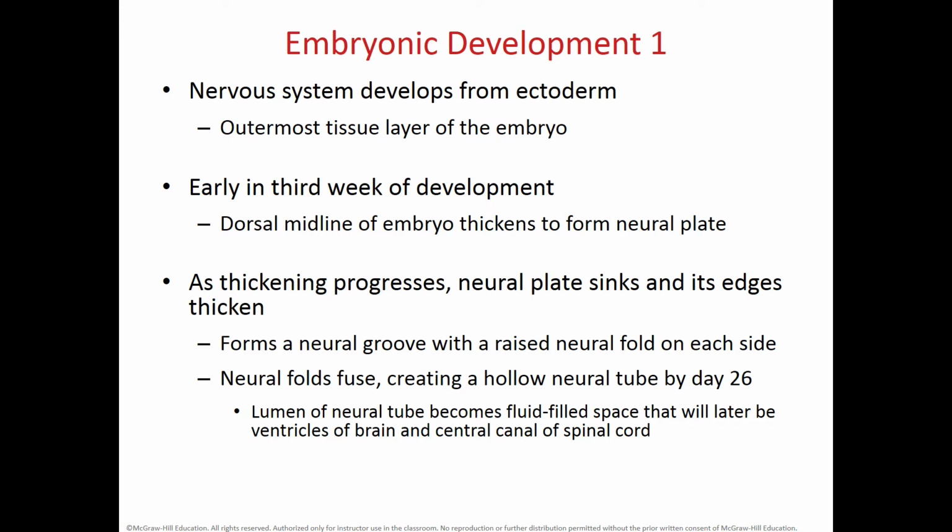And then this neural plate will form a groove that is going to be called the neural groove, and it will start going deep, and as you go deep, the neural plate starts coming closer to each other until you form a fusion between these two sides of the neural groove, and then you close the neural tube by almost week 4 of life in utero.